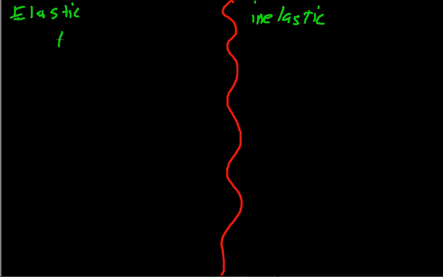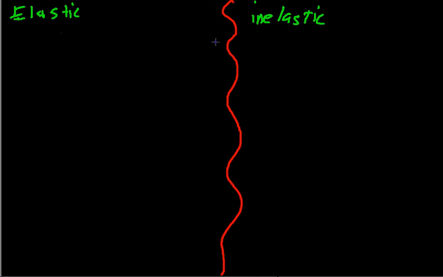Let's start with inelastic, because that's the easier one. In an inelastic collision, the two objects collide and then stick together after the collision.